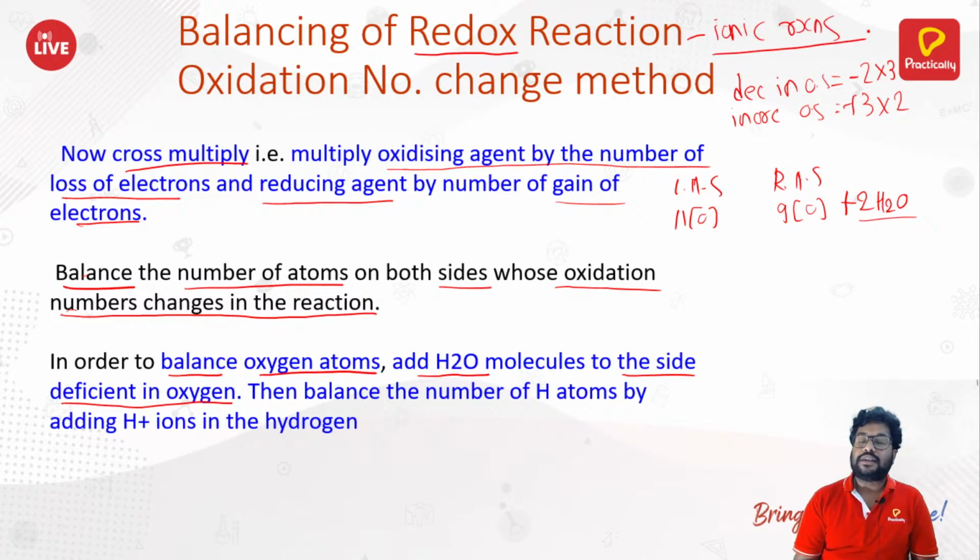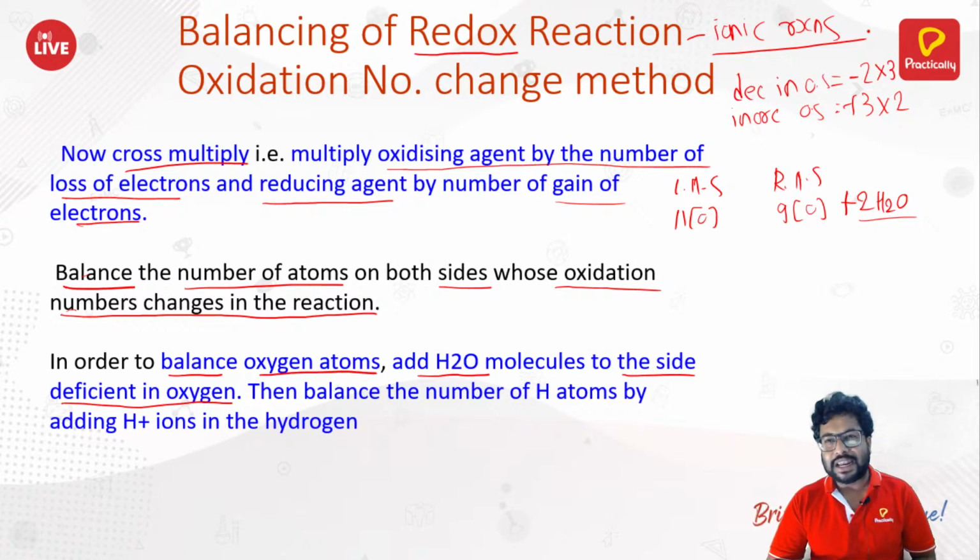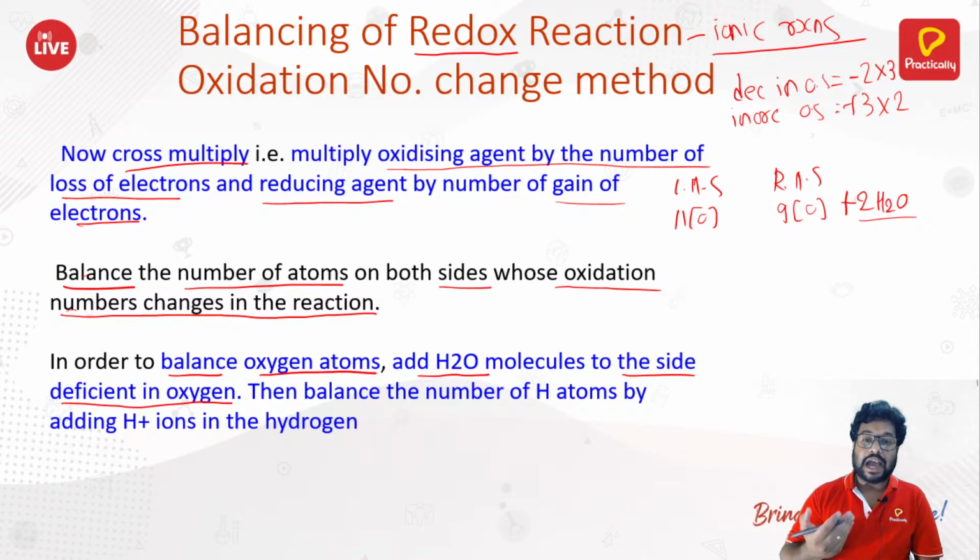And generally, I would say more often than not, ionic reactions happen only in a water medium. That means you can add whatever number of water molecules, you can subtract whatever number of water molecules. Since the reactions are ionic, they are happening in a water medium. That is why you can always add a water molecule.